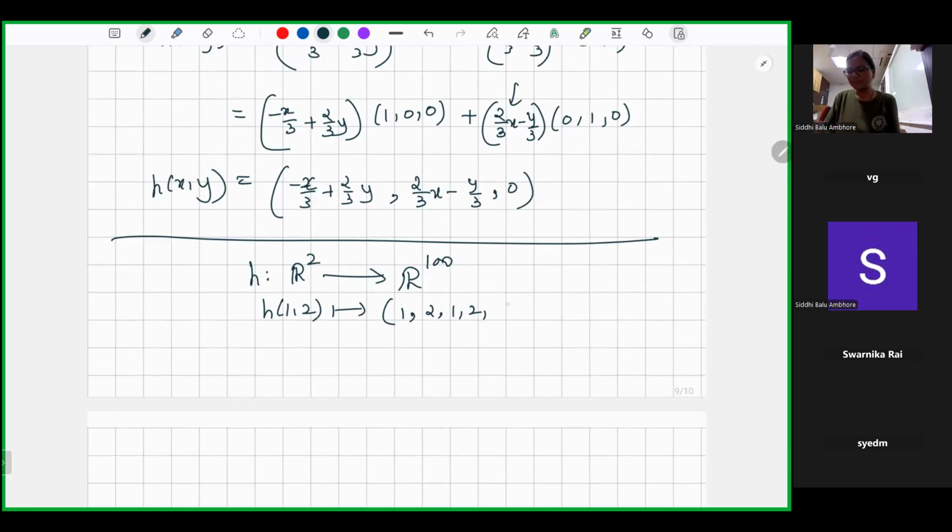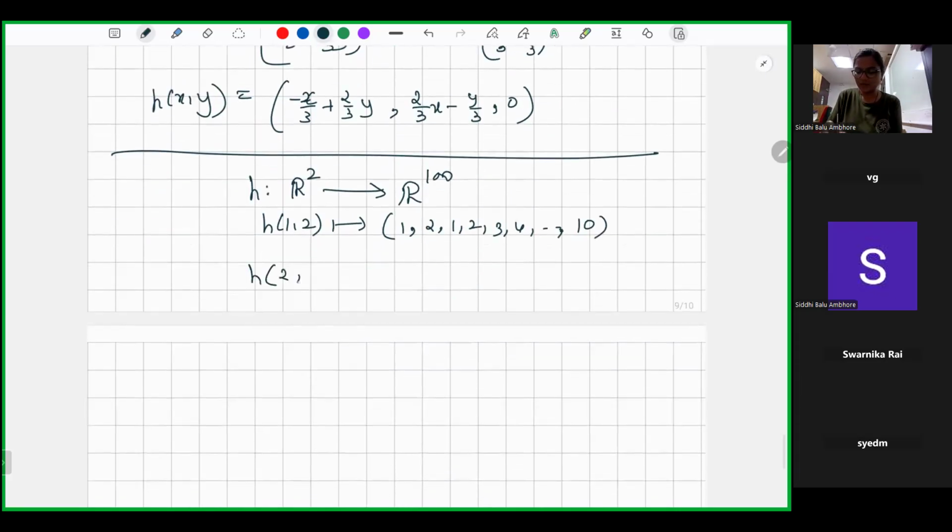Can you just give me some numbers? 3, 4, something, 10, and this is my 100. And my h of 2 comma 1 is, suppose, 2, 1, 2, 1, or whatever it is. I mean, we do not even have to imitate this one. Suppose 7, 8, 7, 10, 11, whatever it is.